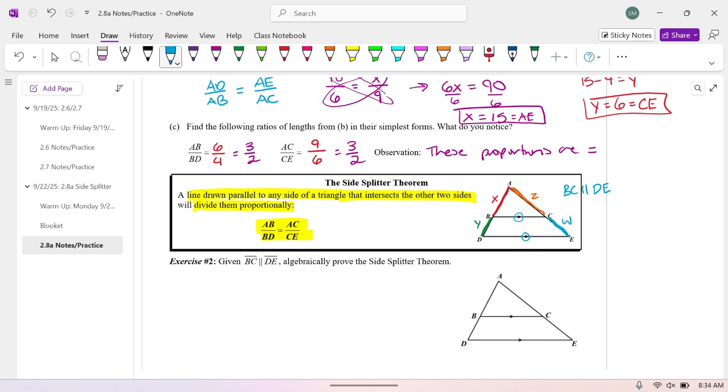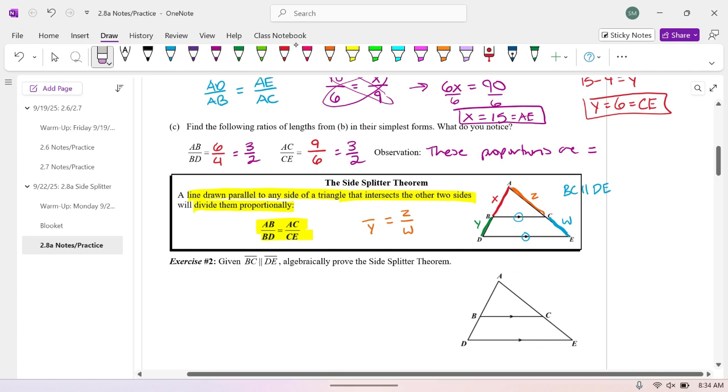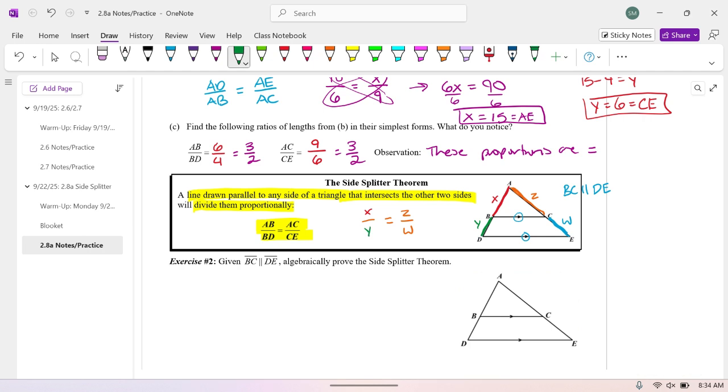So as long as we have at least 2 out of those 4 sides, we can easily find the other 2, because X over Y has to be equal to Z over W. They're proportional to each other. That's all that means.